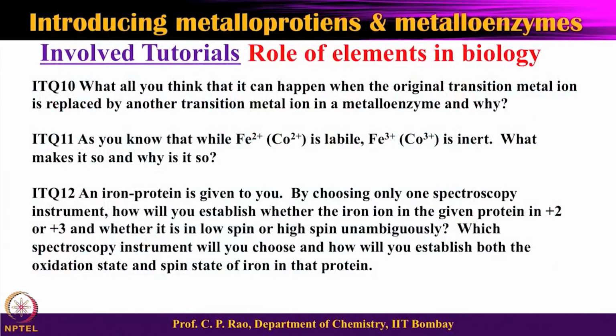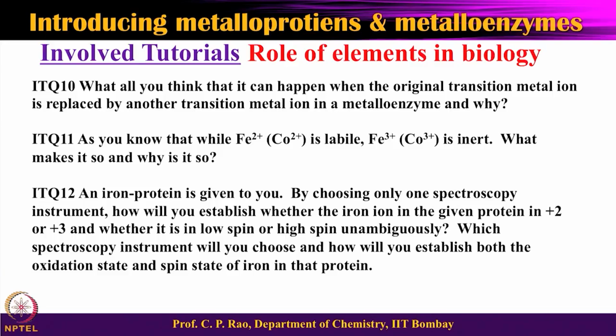Okay, some more examples of involved tutorials. What all do you think can happen when the original transition metal ion is replaced by another transition metal ion in a metal enzyme, and why? I have already answered this question previously when the amino acid came. Now, take let us say a copper zinc enzyme and remove the zinc, put copper.